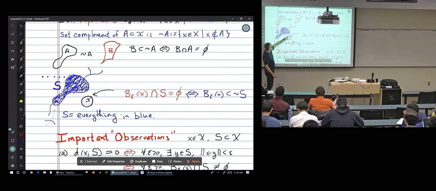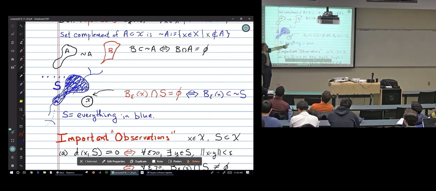The boundary you would want to be this exact point where the radius is constant. That's what you want to be the boundary. How would you characterize that then? Well, this is part of the closure of my open ball, but it's also part of the closure of the complement of the set. So you can write down the boundary as the closure of the set intersected with the closure of its complement. Does that work?